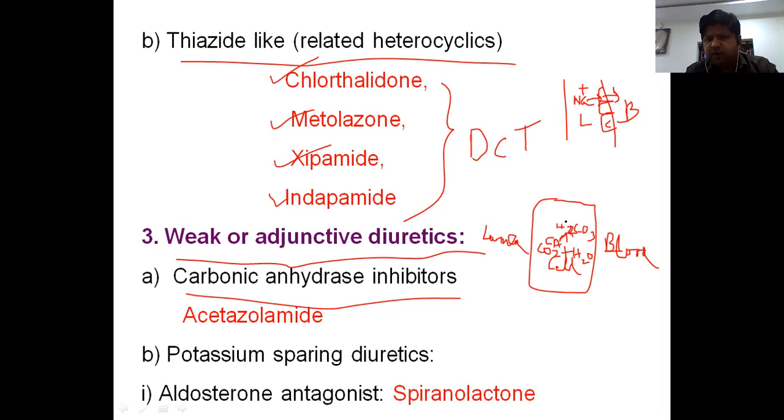Don't worry. So what is the connection between formation of carbonic acid with the help of carbonic anhydrase and the diuretic effect? Let me tell you.